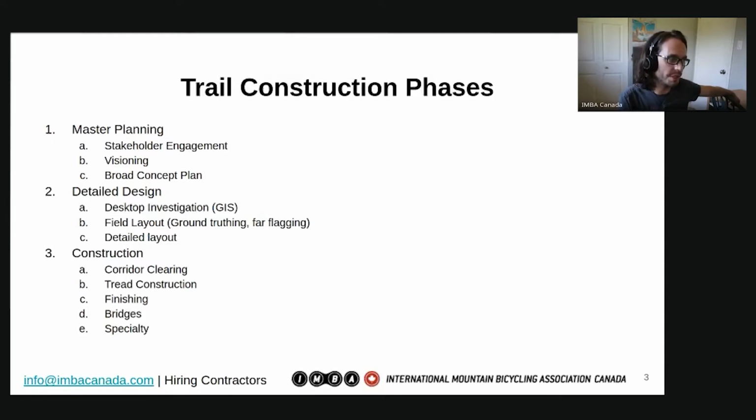And so an understanding of detailed user groups, hearing what it is that they have to say about the area that you're looking to contract in. Visioning is a really specific facilitated period where you're discussing what you would like to see your community look like, say in 5-10 years' time, and how we get there. And at the end of master planning, and of course, again, this is a totally arbitrary line drawn in the sand, is a broad concept plan.